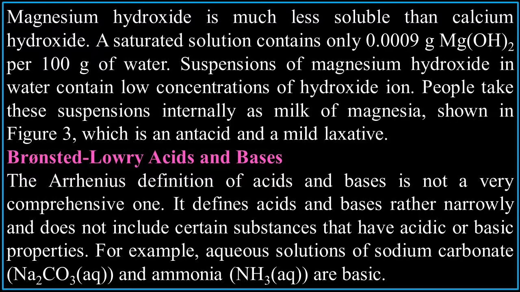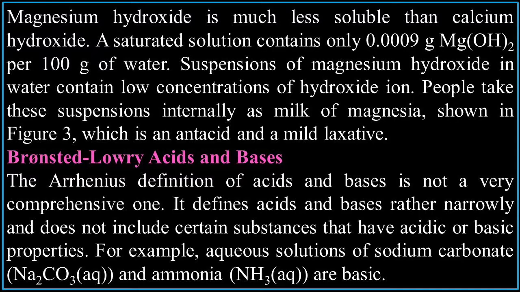Bronsted-Lowry acids and bases. The Arrhenius definition of acids and bases is not a very comprehensive one. It defines acids and bases rather narrowly and does not include certain substances that have acidic or basic properties.